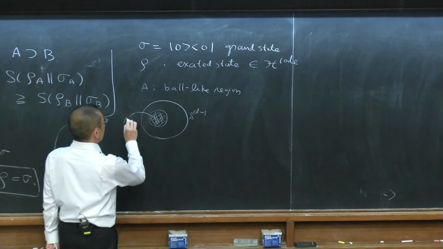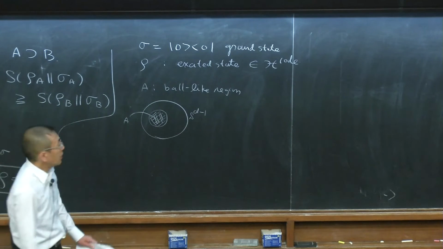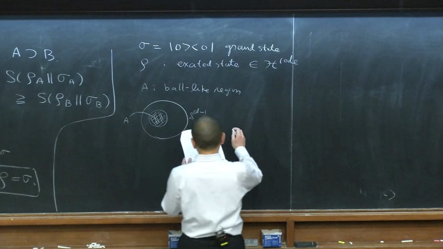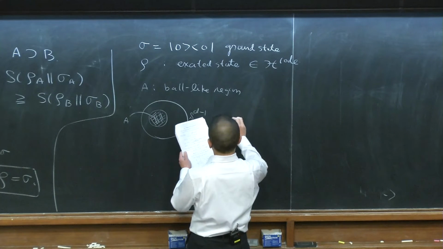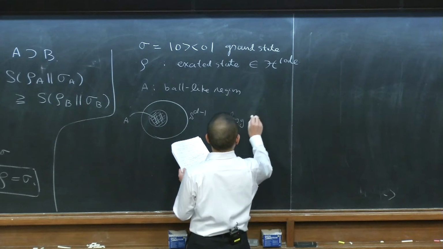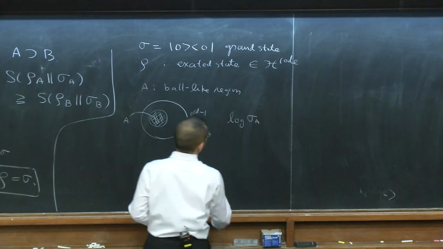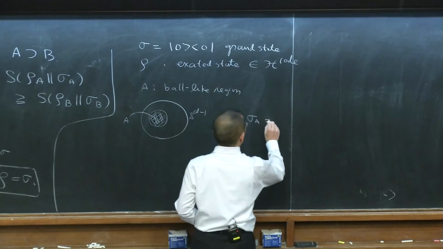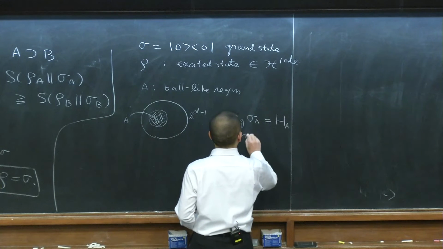So if I choose A as a ball-like region, then I can actually find an explicit expression for log of sigma A. So minus log of sigma A is called the modular Hamiltonian.